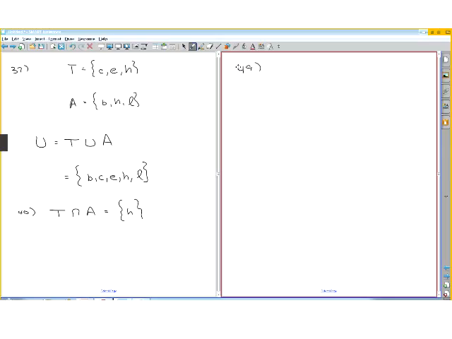Assuming that A and B represent any two sets, identify each statement as either always true or not always true. Okay. So what do we have here? We have A is a subset. I can't remember whether that's the proper subset or just the regular subset, so I have to go back and look at the book here.